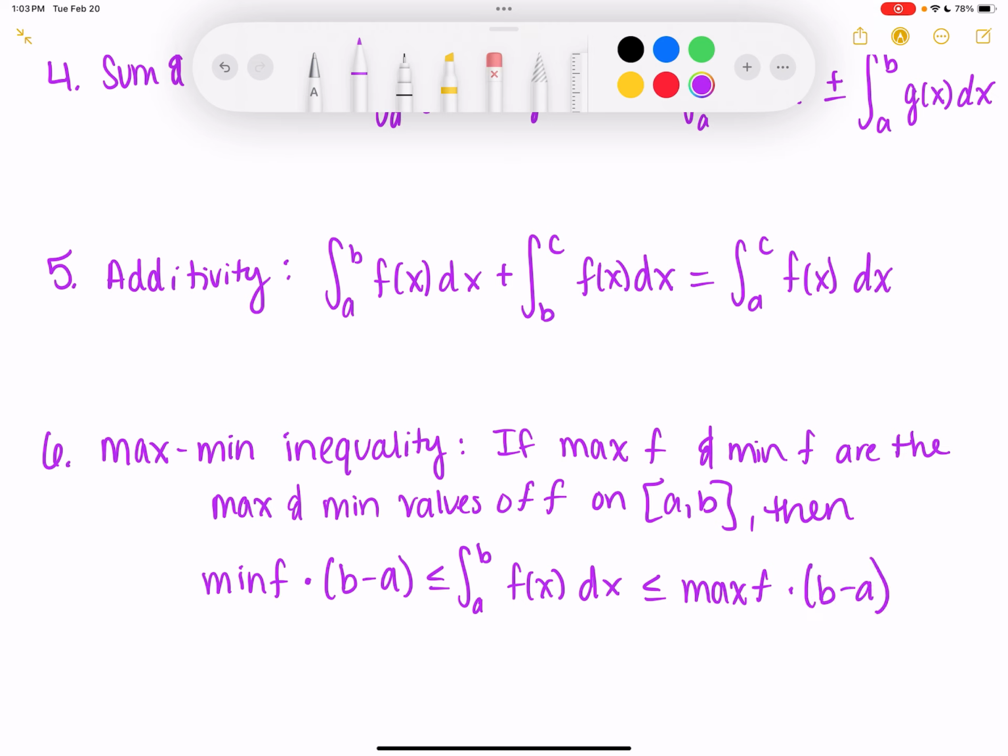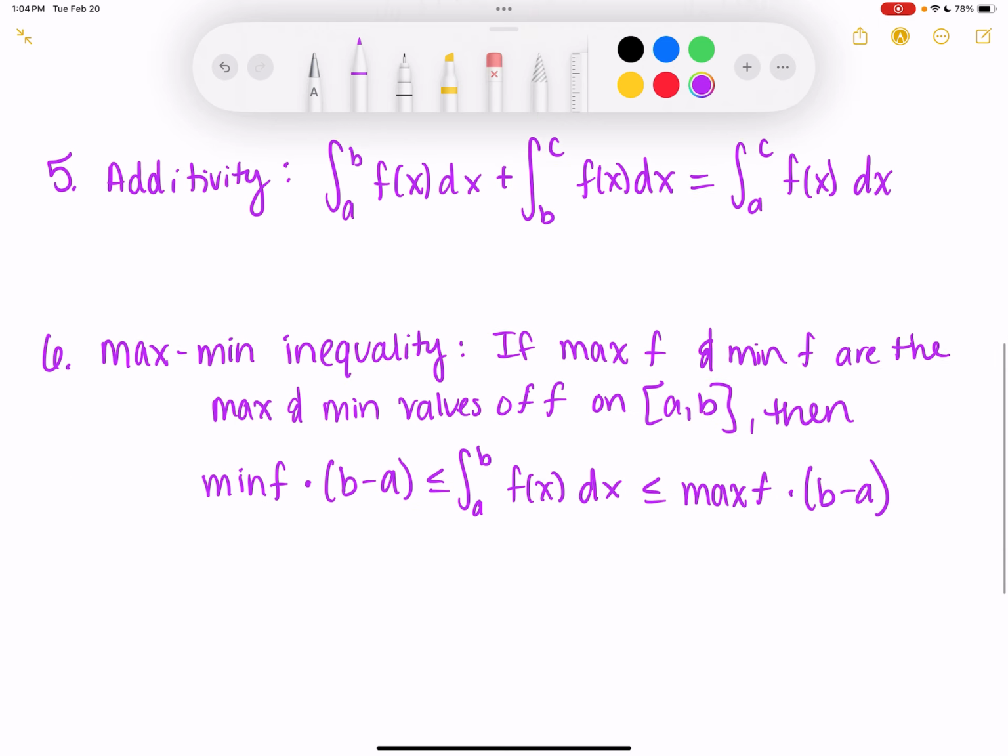So basically just telling you that there's a value between the min and the max that is in there, essentially. Kind of like, it's not, but kind of like the mean value theorem, which we will have a mean value theorem for integrals as well. That I'll give you in a few minutes.